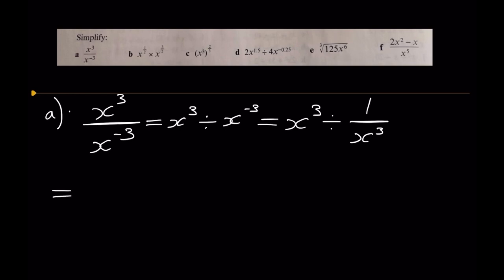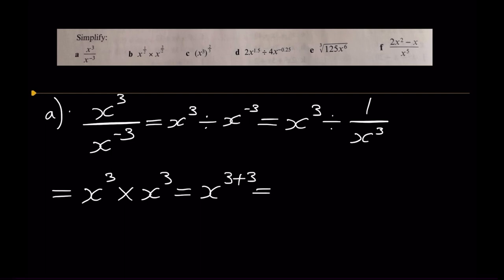And using the laws of fractional division, what I like to call keep, change, flip, we can rewrite this as x raised to the power 3 multiplied by x raised to the power 3. And using the multiplication index law we looked at in a previous video, we will get x raised to the power 3 plus 3, which is x raised to the power 6.